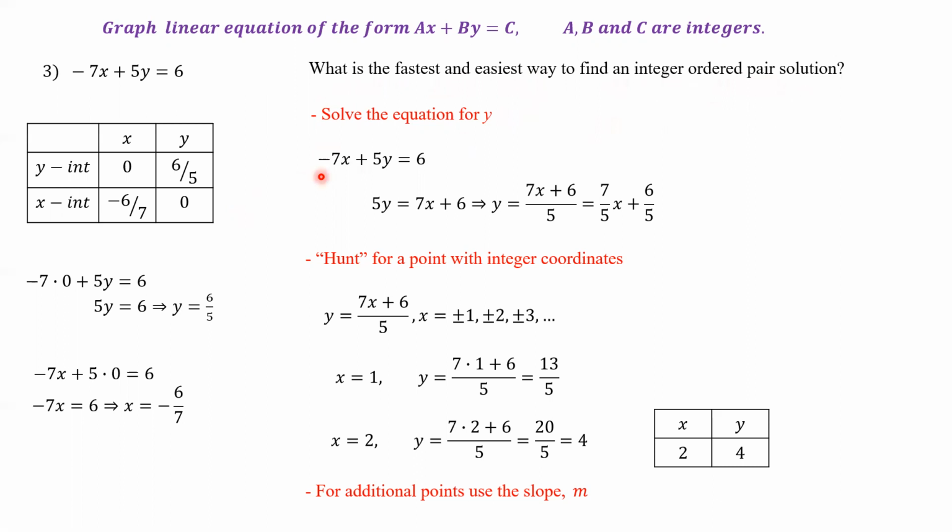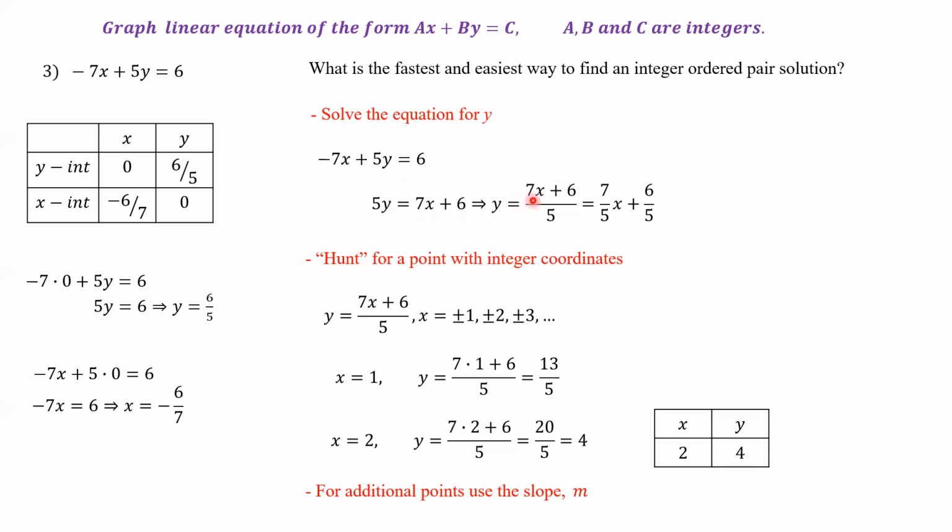Okay, let's try. Negative 7x plus 5y equals 6. First step, move negative 7x to the other side. It's going to become positive 7x. So 5y is equal to 7x plus 6. Divide both sides by 5. y equals (7x plus 6) over 5.